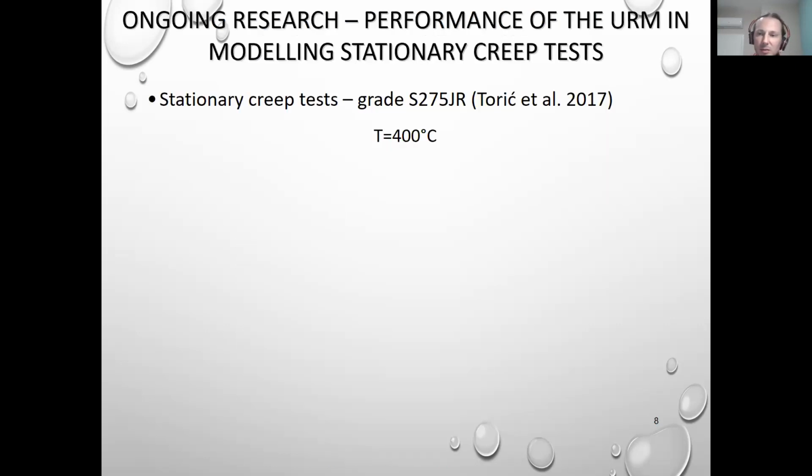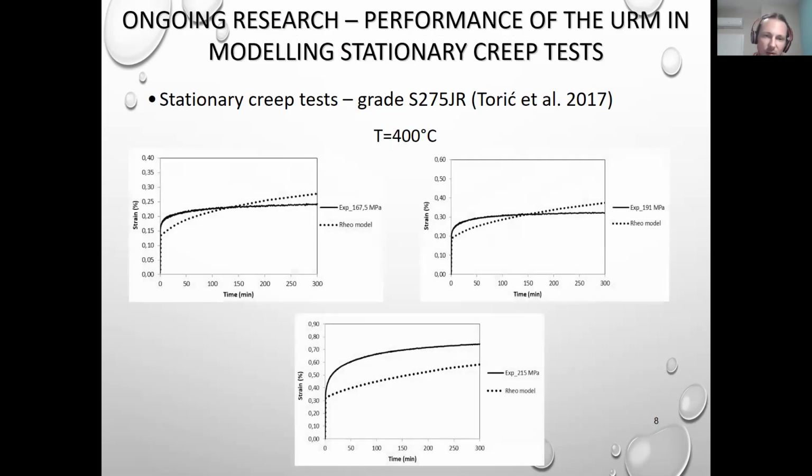So this is ongoing research in terms of further development of the unified rheological model. This is the comparison taken from the Grade S275JR study, which was conducted previously at 400 degrees temperature.